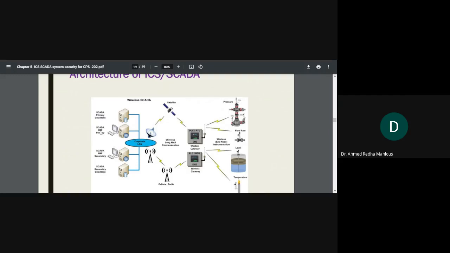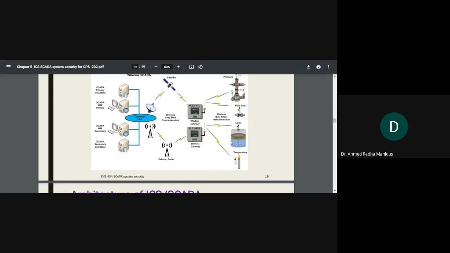We have a primary HMI and a secondary HMI. We have redundancy here, so in case one of those is compromised or fails, at least we have a replacement. And in the field, you have some sensors, for instance, where you are gathering information.